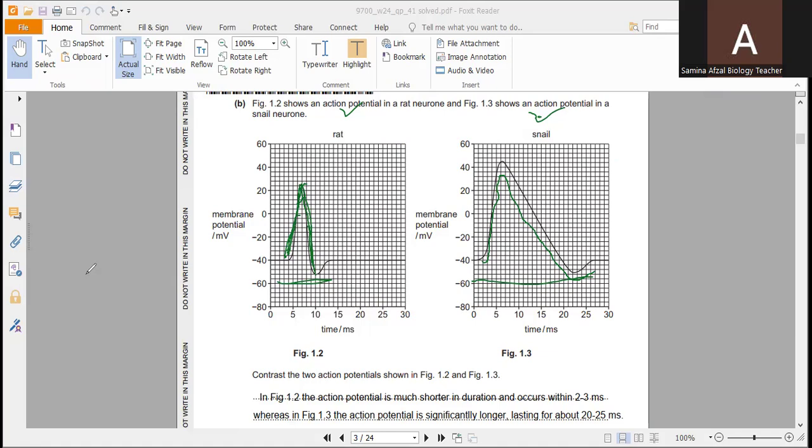First of all, we have discussed the duration of action potential.